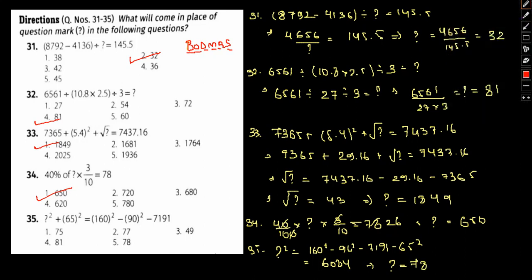Okay, 78. So I hope all these things are clear. It was nothing but simple basic calculations that were involved in the solving of the same. In case you have any kind of difficulty with respect to the solution, I suggest you go through each and every question that we have solved and the solution of the same in detail. And this was only a part of the question paper.